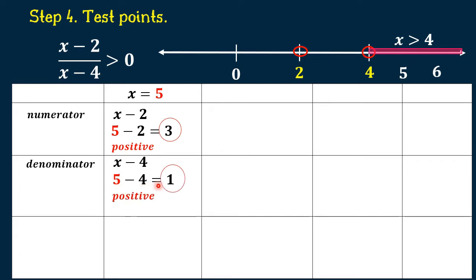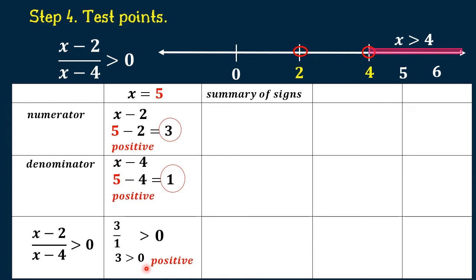So the result is positive. And if we combine, our numerator is 3 divided by denominator 1. And simplify, 3 divided by 1 is positive 3. So we have here the result positive 3 is greater than 0. This is true.